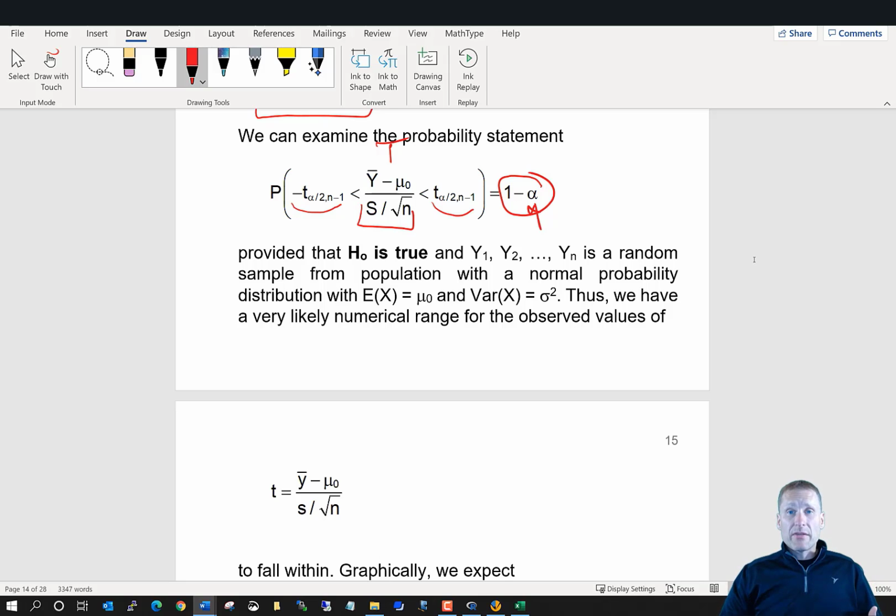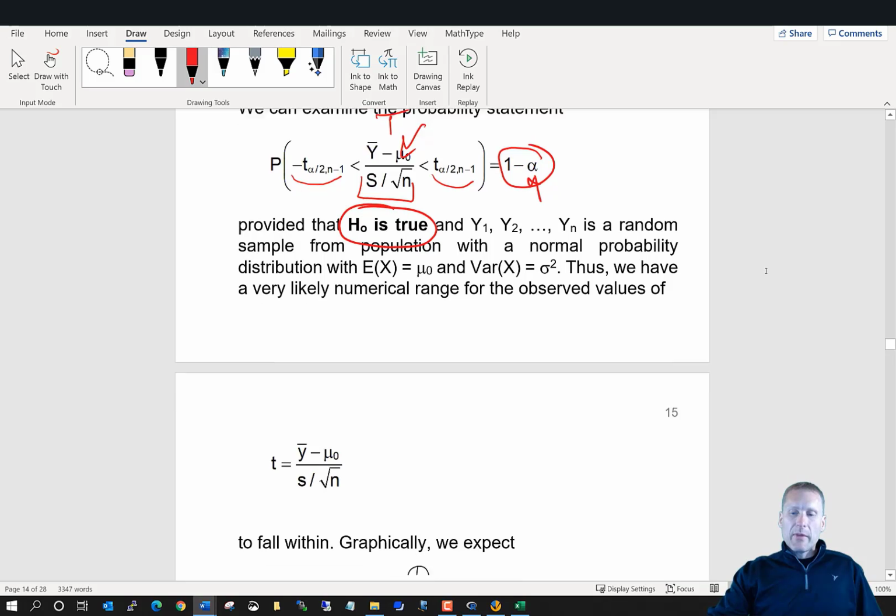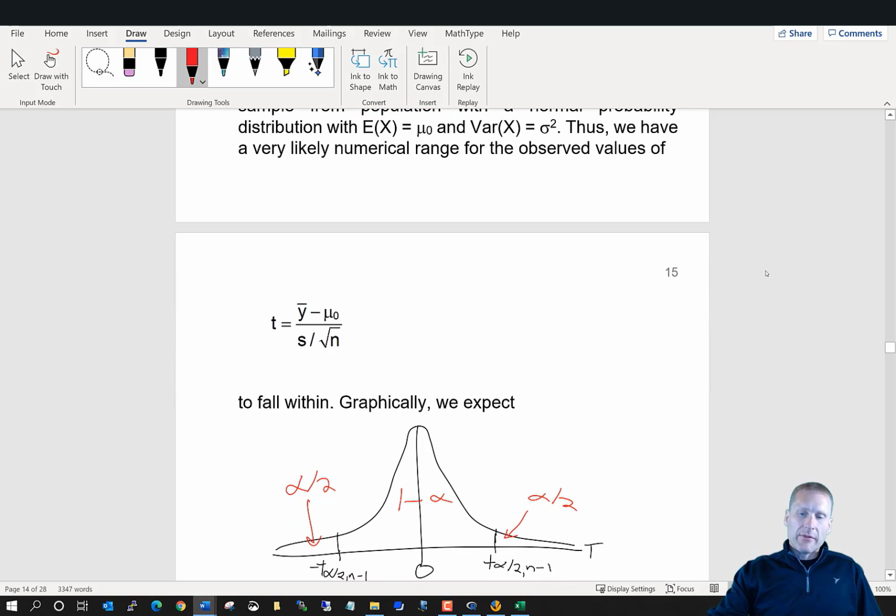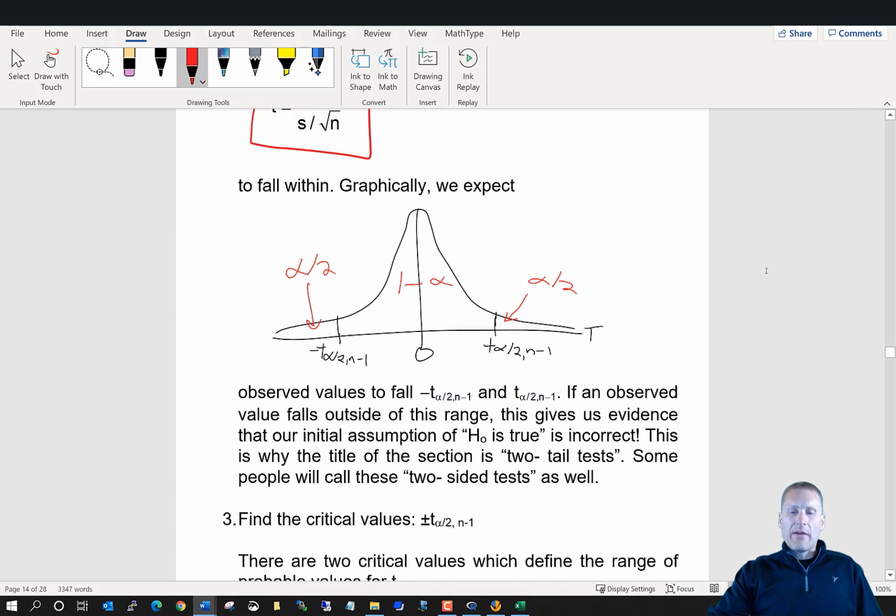We have a probability of 1 minus alpha that this is going to occur from one sample to the next. But again, this is assuming that H0 is true. Okay? So what this means is that if we go out and take a sample and get an observed value of that statistic, we have a general idea where we would expect this statistic to fall, provided H0 is true. And here's a graph of this.